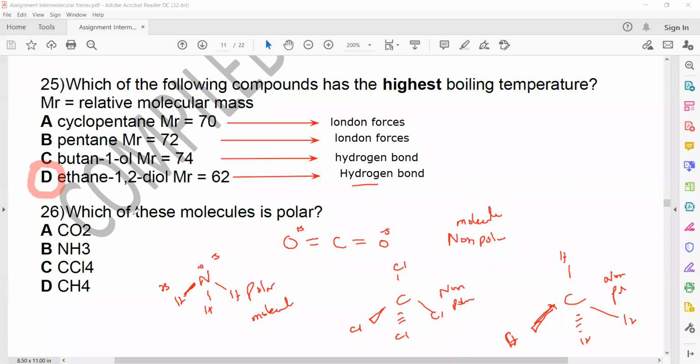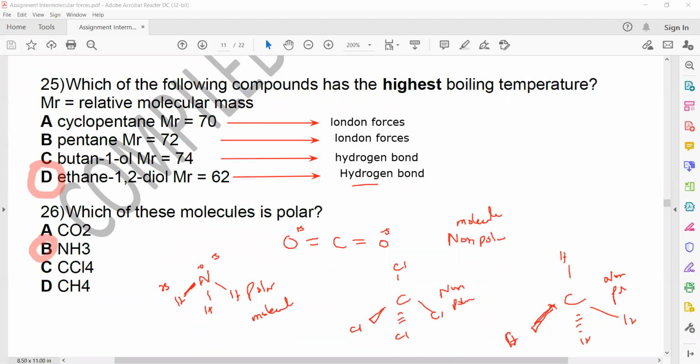Is it clear? Questions 25 and 26. So if there is a symmetry in the structure, then maybe the bonds might be polar, but the overall molecule will be non-polar.